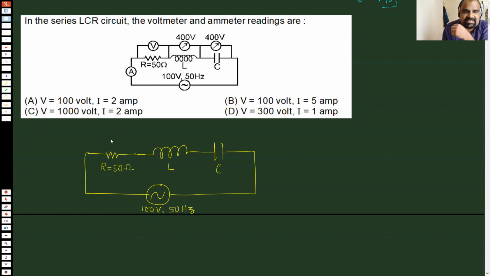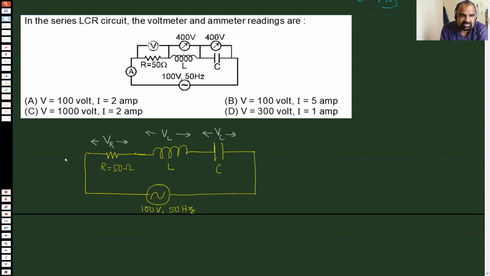What is given is the voltage across the inductor, this 400 volt, and the voltage across the capacitor, that is also 400 volt. The voltage across the resistor you have to find, because you have to find the reading of this voltmeter. This voltmeter will measure the voltage across the resistor, that means VR.